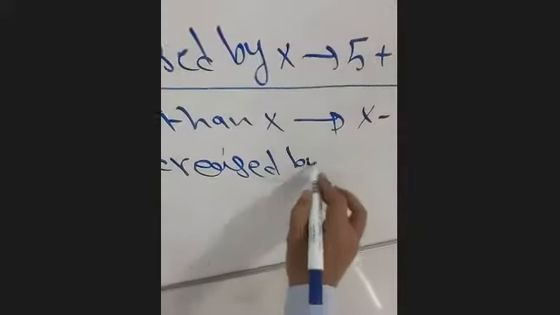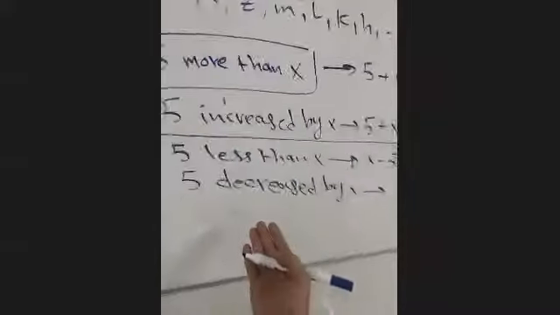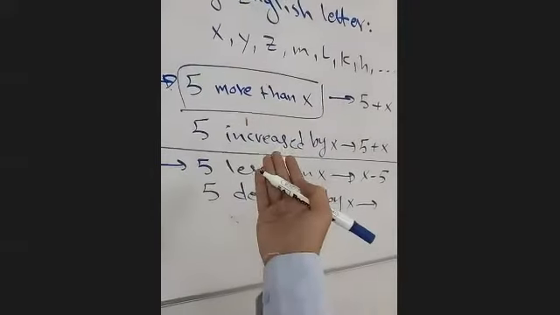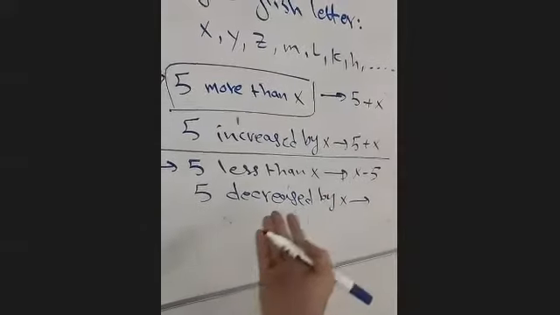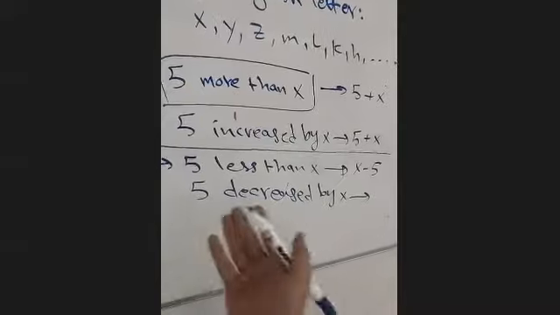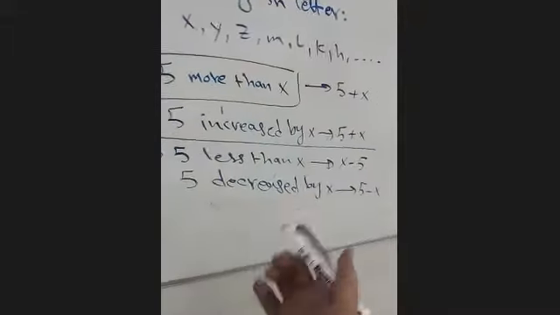The word decrease is the opposite of the word increased. Increased, we add. Decreased, we subtract. 5 decreased by X means 5 minus X.